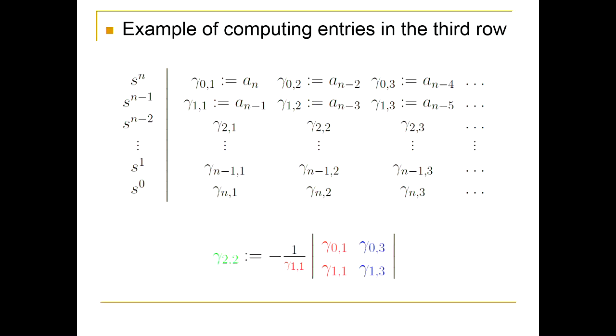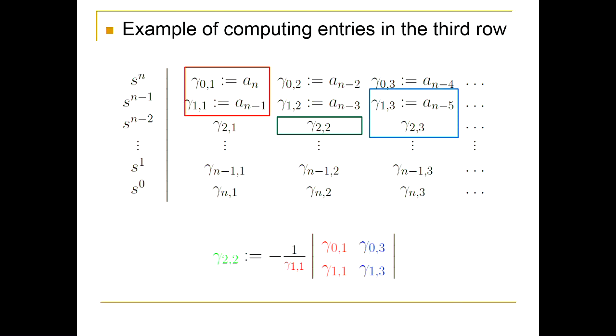Now, how about gamma 2,2? You always keep the first column of this matrix the same, so I'm now calculating this entry. The first column is still the same as before. We always keep the first column from the array just above this row, and then these entries are now the next column.